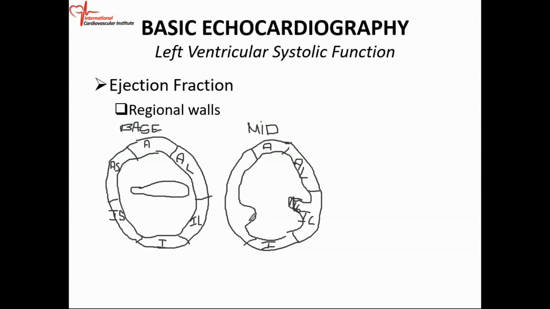So over here, you have the septum, and we can divide the septum into 2 as well. We talk about your anterior septum. And this is your inferior septum. Okay. So we divide the mid-cavitary level into 6 segments as well. Okay.